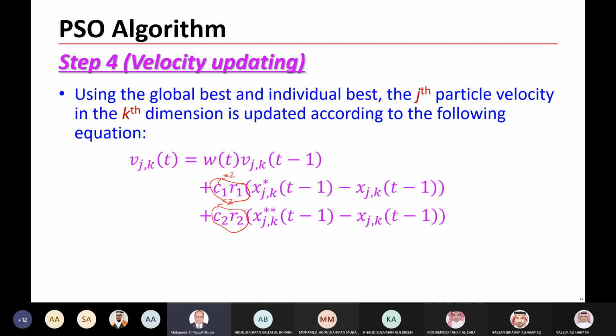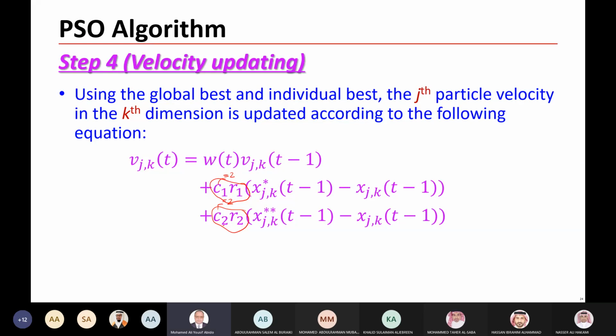So you have the same level of importance of the cognitive part and social part. Of course, you can increase C1, to 3, 4, 5, more than C2 if you want to stress more on the cognitive part.